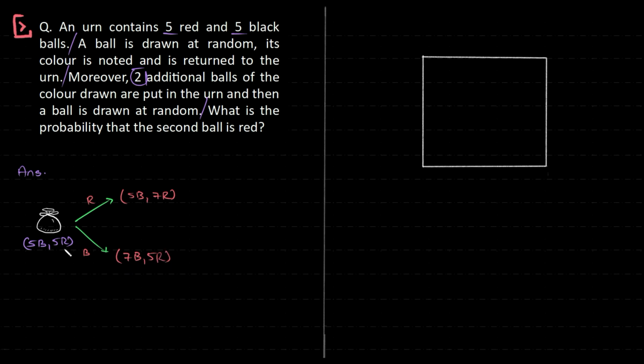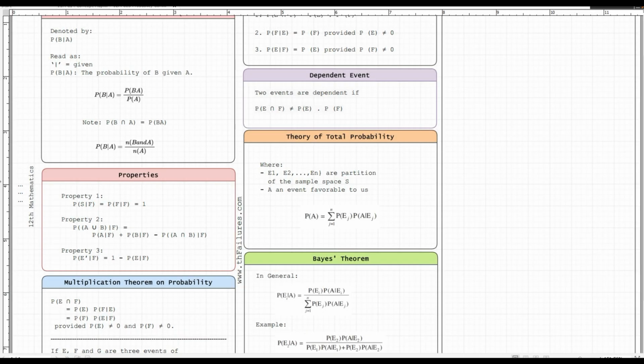First, you have to understand this. Read through the question, understand this scenario first. Next, we are answering what is the probability that the second ball is red. So to answer this question, what concept, what formula do we need?